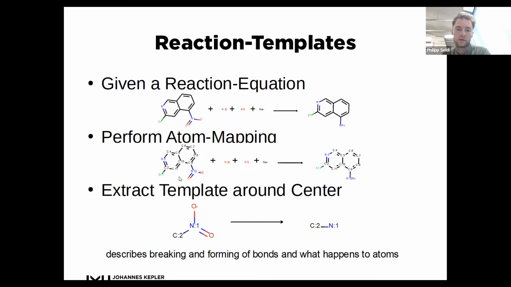So there is a trade-off here still. But again, those reaction templates can be generated from reaction equations found. But then again, there is also another way, which is a chemist sits down and thinks of those templates themselves.